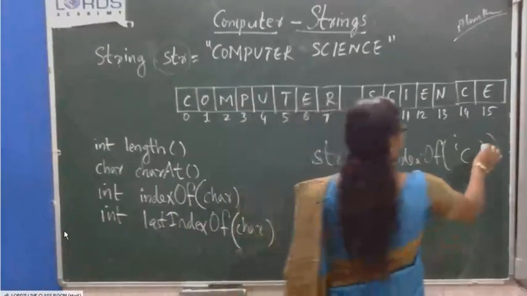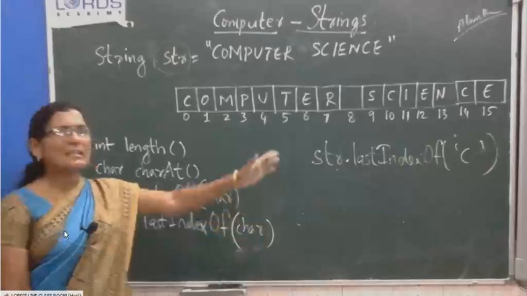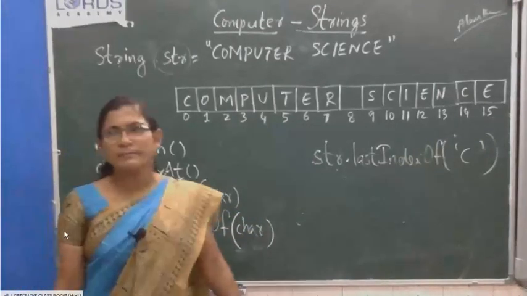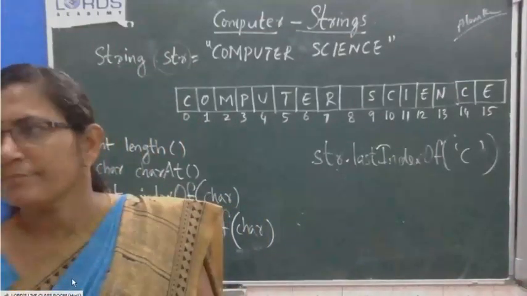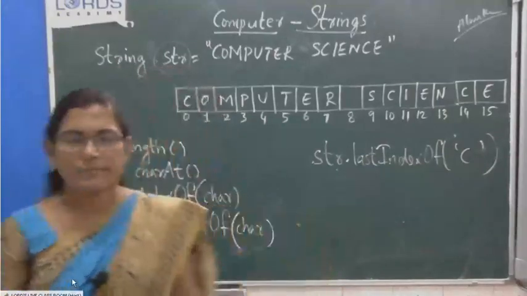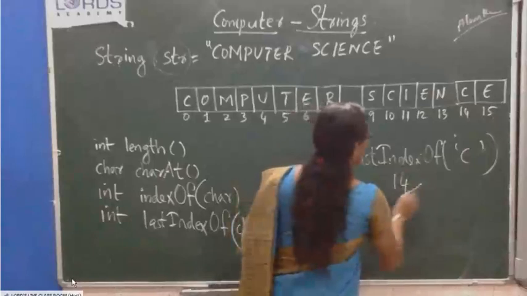Okay. lastIndexOf C gives the last occurrence's index number. What is it, Mrinalini? The last occurrence index number of C is 14. So, this method will return you 14.